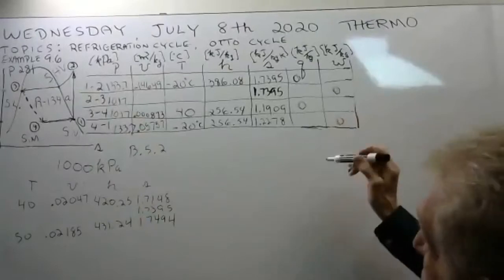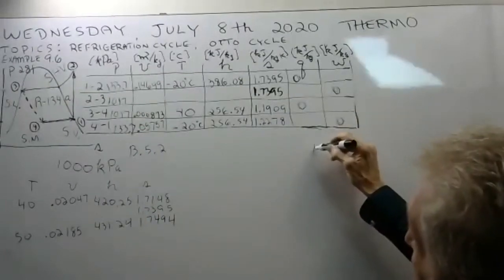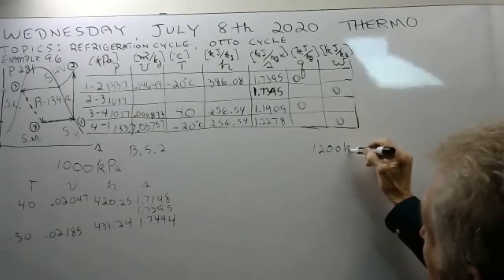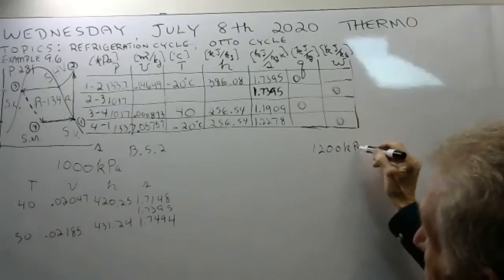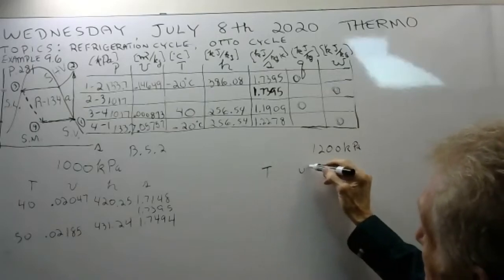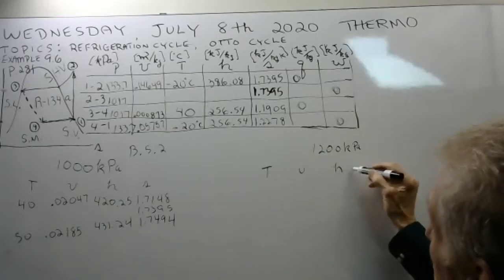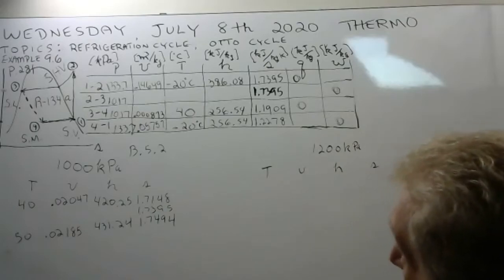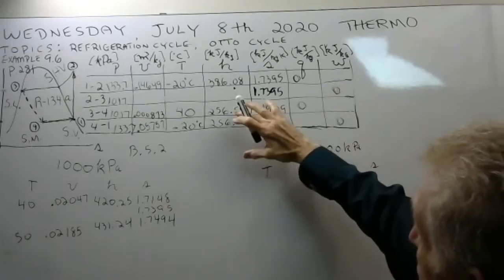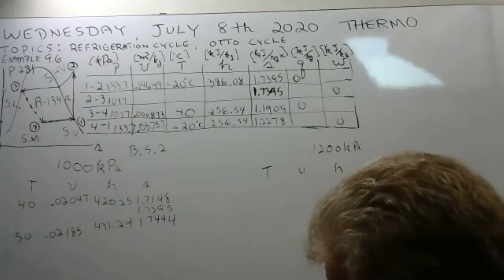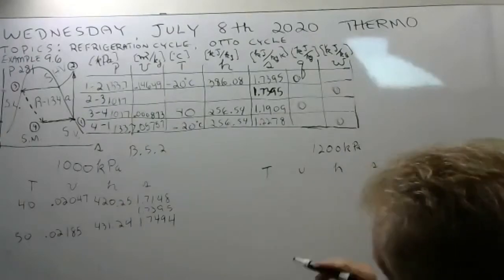So here's what you'll have to do. You'll have to go to the 1,200 kilopascals. Now, this is ugly and unfortunate, but life is hard sometimes. Sometimes things come along and just mess up our lives like this one here. And what we want is 1.7395. Well, I'll tell you what they have.